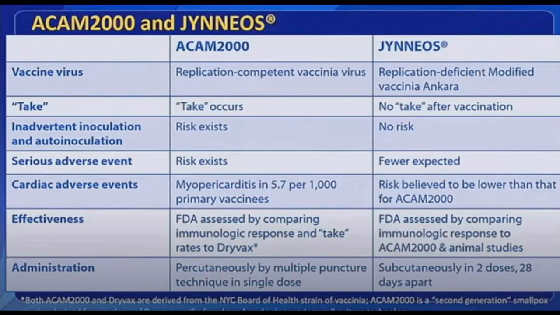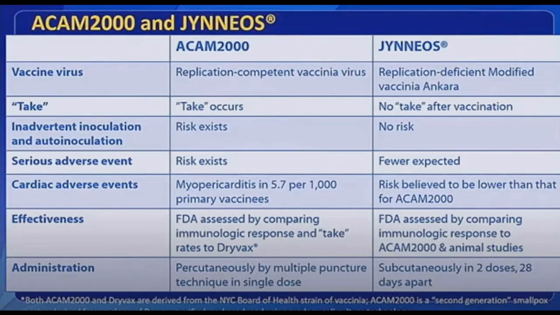So this is a direct comparison between the conventional smallpox vaccine, which we call ACAM 2000, and the newly developed Genius vaccines. For the ACAM 2000, the vaccine virus is replication competent.